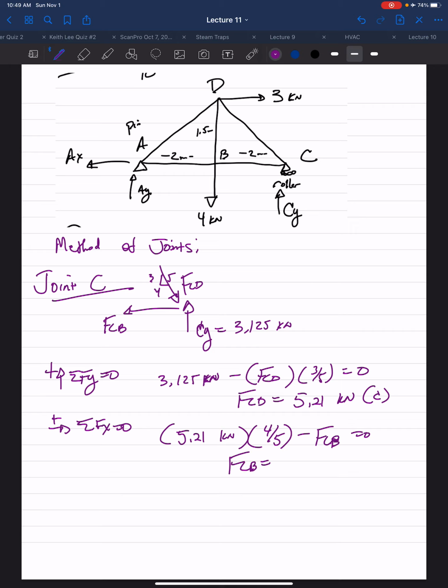FCB is 4.17 kilonewtons, and that's in tension. So now we know the force in members CD and BC.